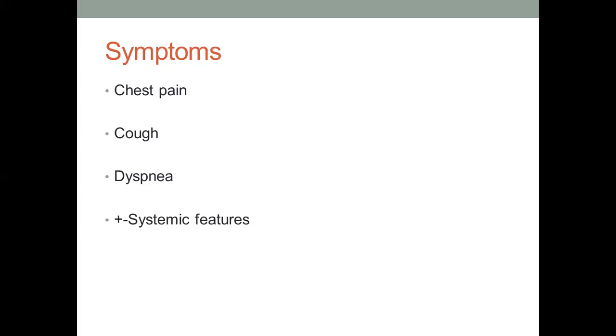If effusion or pneumothorax are small, then this dyspnea will not be that significant. And if effusions are large, or pneumothorax is larger, then the patient will be complaining of difficulty in breathing. Also systemic features may be there, like fever, sweating, weight loss.